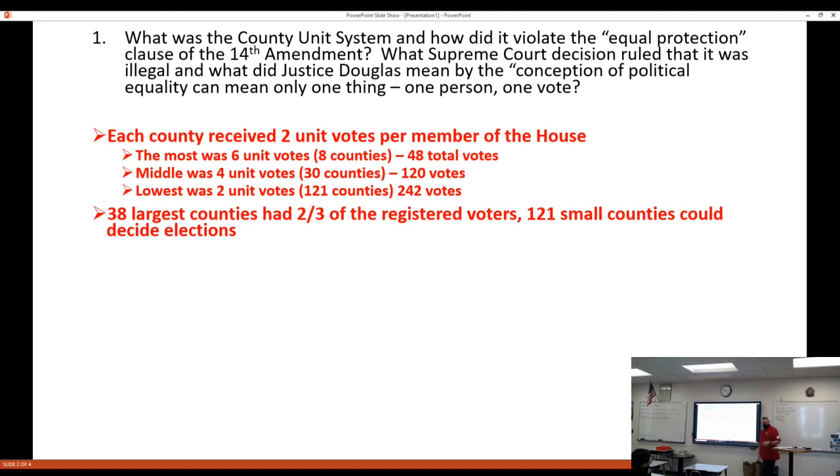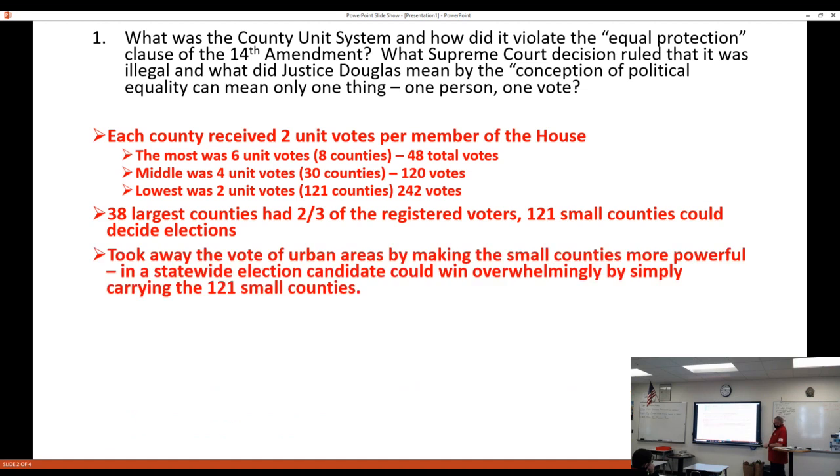Urban counties like Fulton or Richmond County, Effingham County, their votes did not matter. We did it in first period, I think. Fulton County had how many? Well, we'll just say 500,000 voters. Those three counties that we looked at, remember that? I think Glasscock was one of them. Quitman was one, maybe.